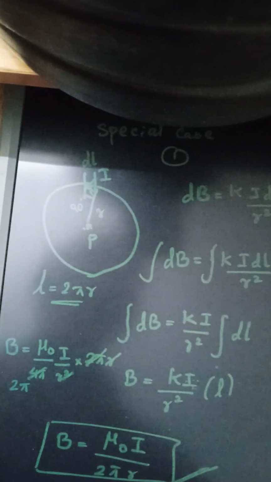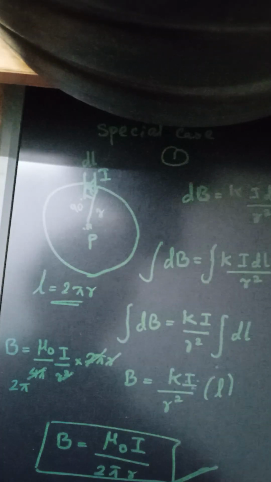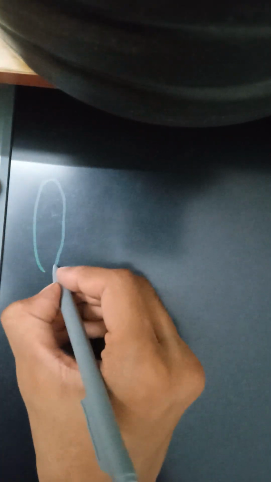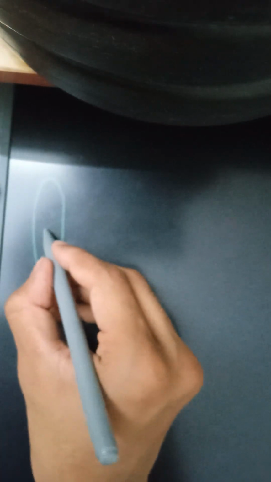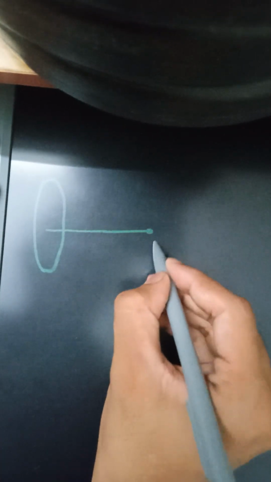We will be discussing the second special case of Biot-Savart law. That is, I will be first drawing the diagram. First I will be explaining the diagram, then I will do the derivation.